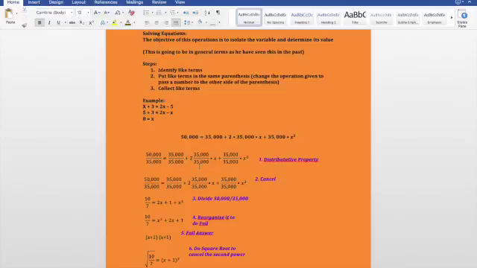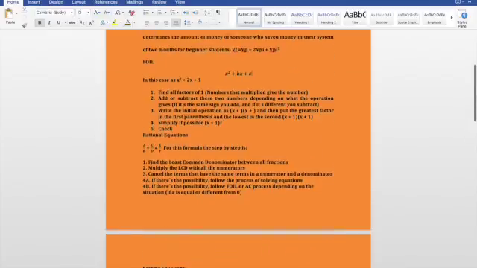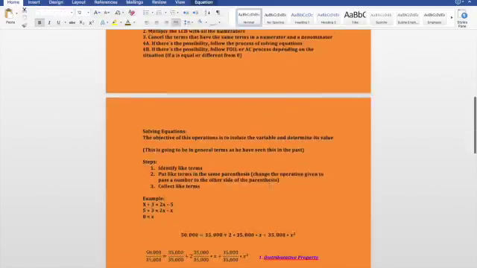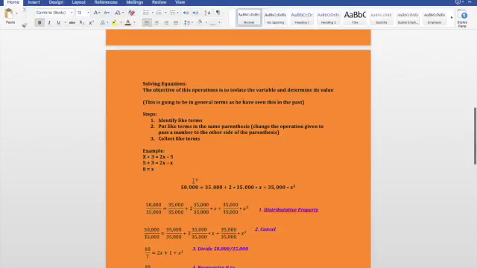So the formula is B, F, I'll put it here. This is the formula. Taking into account the money that they gave us in the word problem, we're going to replace values.